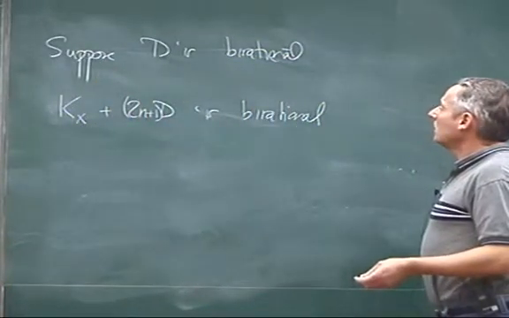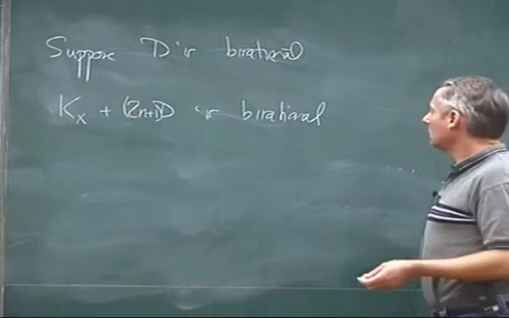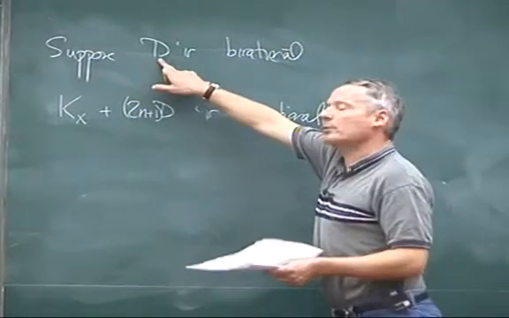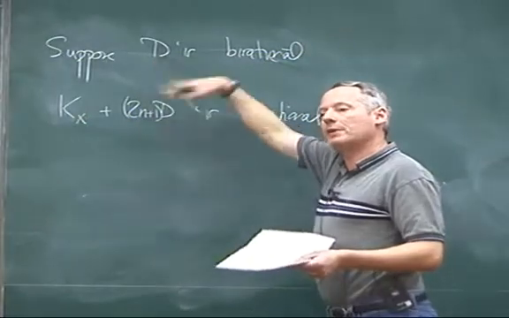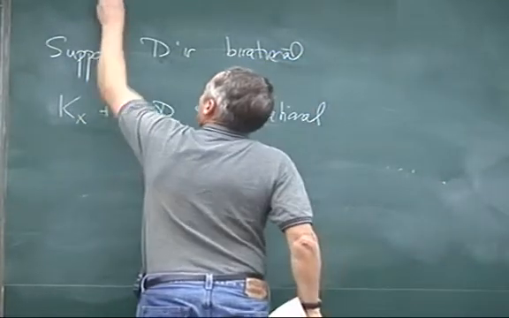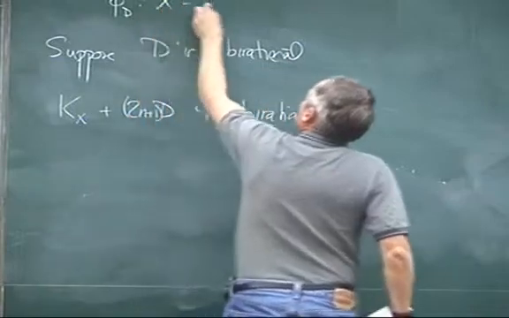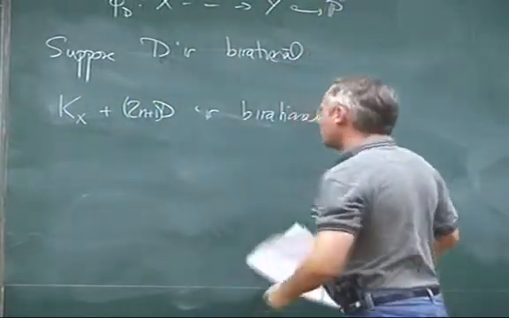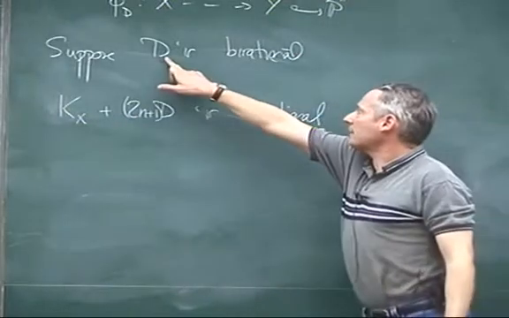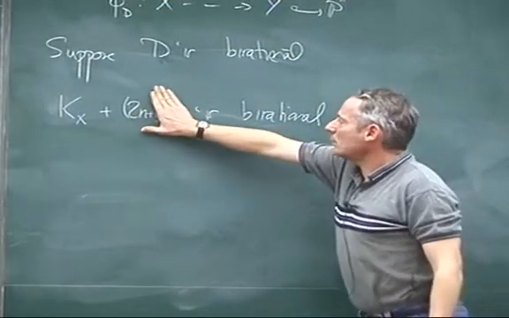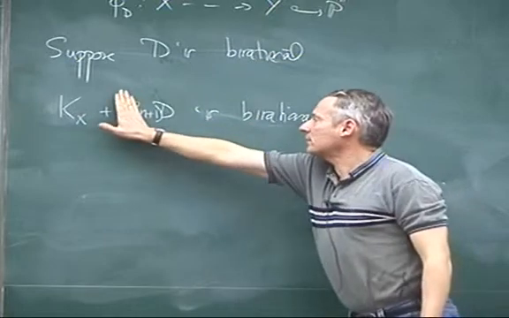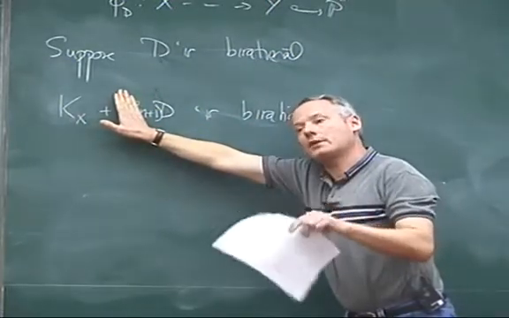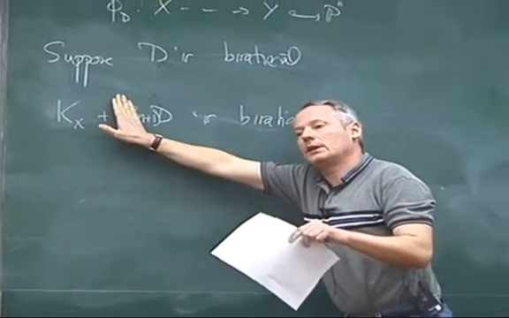What's the terminology? Do you mean 2n plus 1 D is birational, or K? Well, if D is birational, any multiple of D is birational. All I mean is that, given any divisor, I get a map to projective space. But what I'm saying is, if D is birational, then in the linear system ND, if I pick a general point of X, I can create an isolated log canonical center.